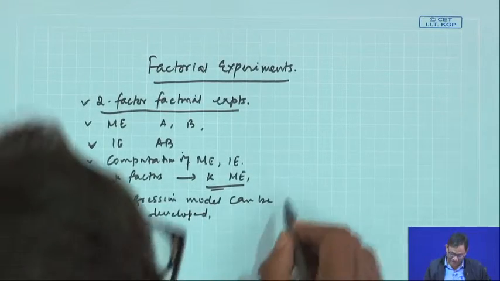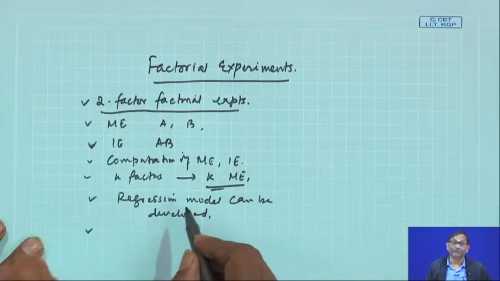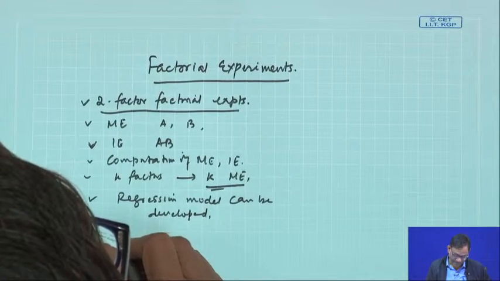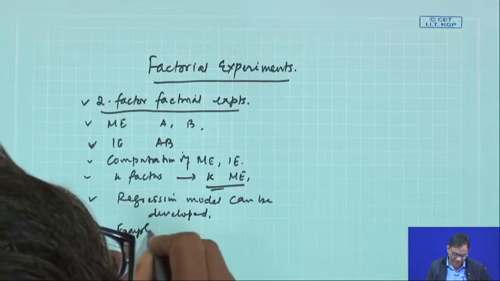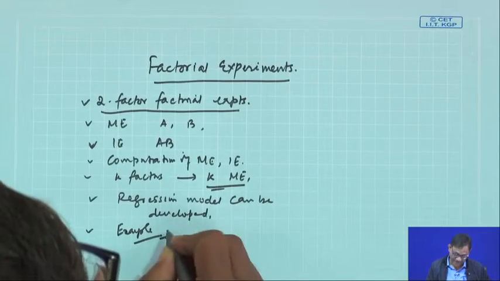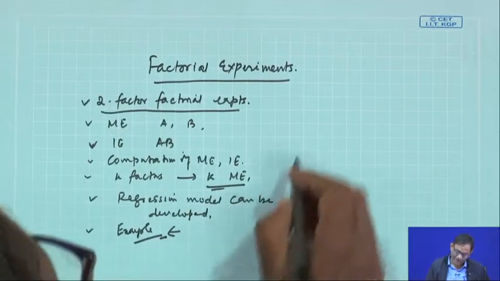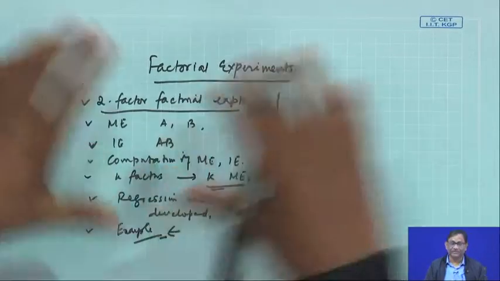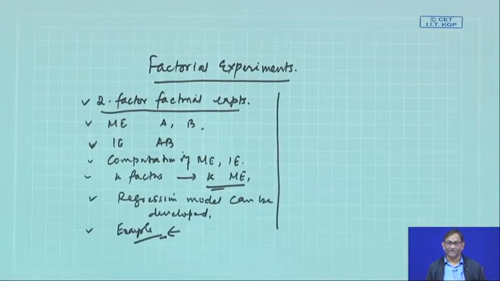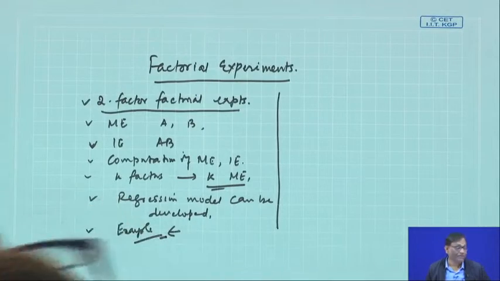Then I gave you one example of a factorial experiment with two factors. Hypothetical data was shown to you, and in general the layout for the data table was also shown.